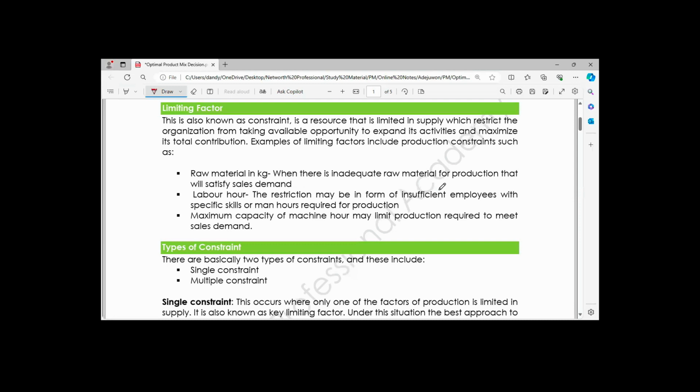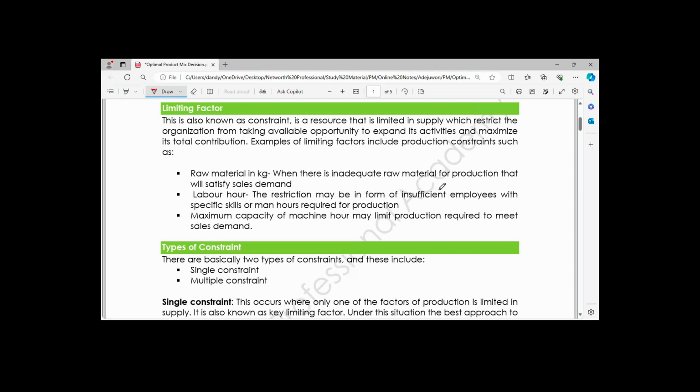So when this happens, the key limiting factor is used to allocate resources to maximize contribution. I repeat, when there is only one constraint, the key limiting factor approach is used to allocate the limited scarce resources in order to maximize contribution towards profits.